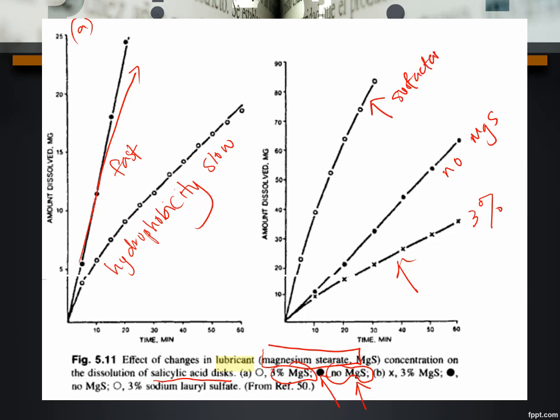Of course, as I said, with surfactant you will increase the wetting and enhance the water penetration and then the disintegration process. And if you compare no magnesium stearate and 3% magnesium stearate, you can see the effect of magnesium stearate due to the hydrophobicity of this substance.